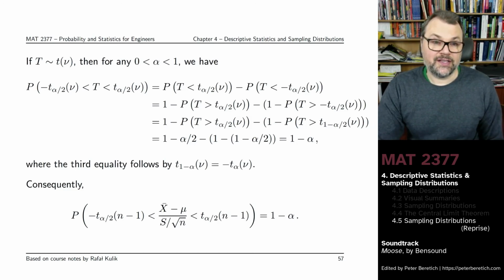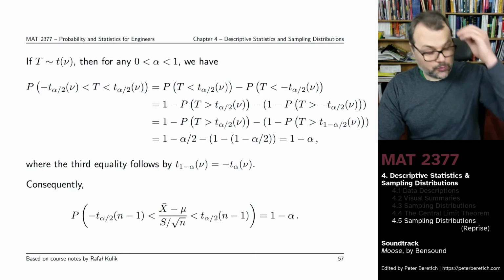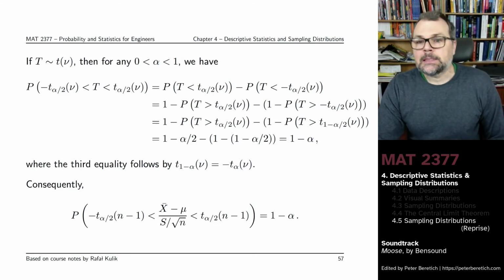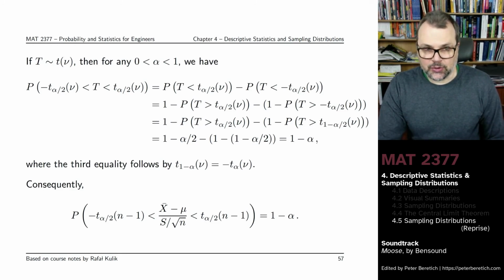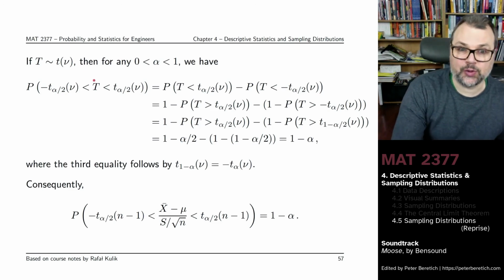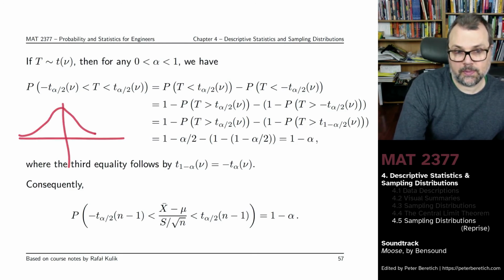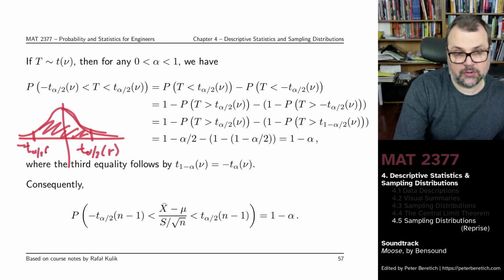Well, if you have a t value which follows a student distribution with nu degrees of freedom, and you pick any alpha between 0 and 1, this is the type of computation you might be asked to do, right? The area under the student t distribution between two symmetrically opposed points. Let's assume that this is symmetrical here. So this would be t alpha over 2, nu and minus t alpha over 2, nu.